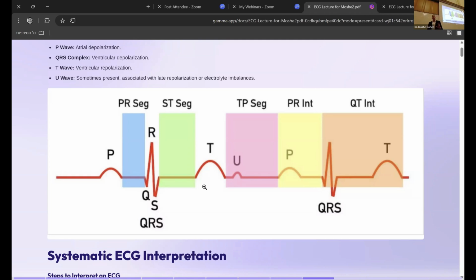So we have depolarization of the atria, time lag, depolarization of the ventricles, and then repolarization of the ventricles. And what does it mean, QT interval, from the Q to the T? What's the meaning of this interval? Depolarization, repolarization. What happens during the QT interval?